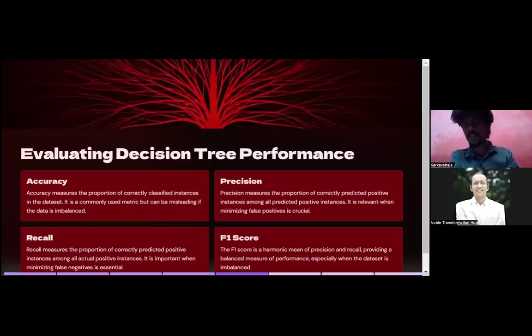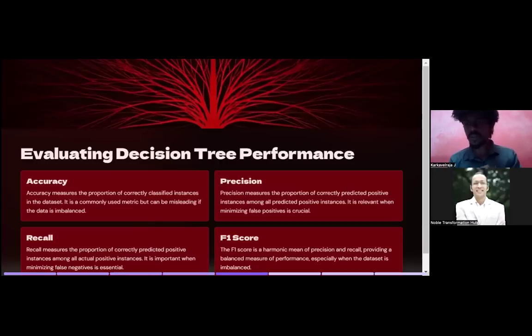Before this session, as always, I request everyone to go through all the previous session videos so that you can have a better understanding. We have worked on the dataset: what is data, how to explore the data, how to handle it, where to collect it. Then we stepped into machine learning, with algorithms like linear regression, multiple linear regression, and logistic regression.